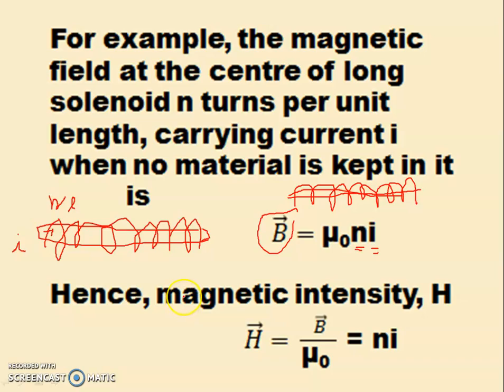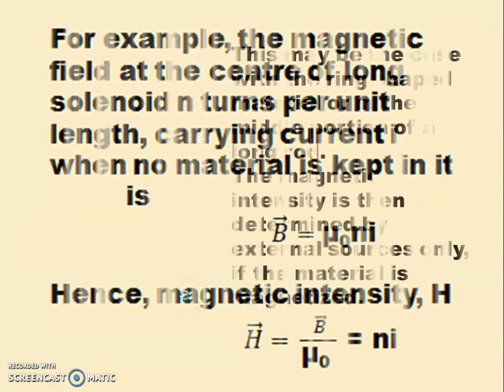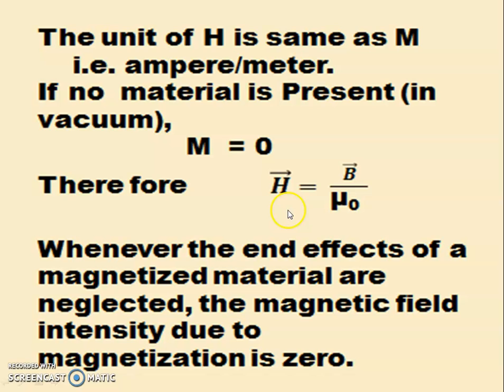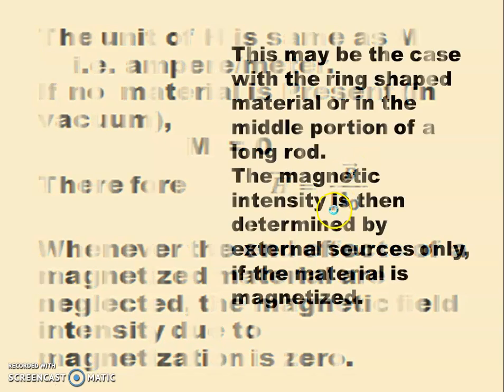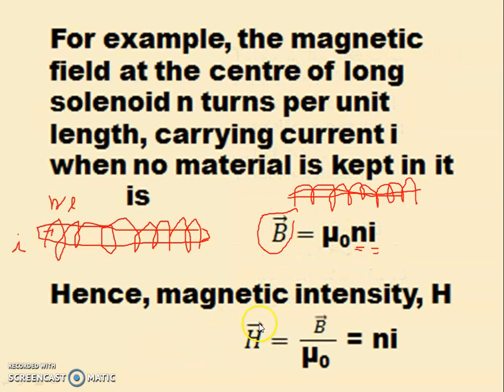Previously we saw here, H is equal to vector B divided by mu 0. Now put the value of B at this place. What do we get? The simple equation, vector B is equal to mu 0 n I. We already have this.